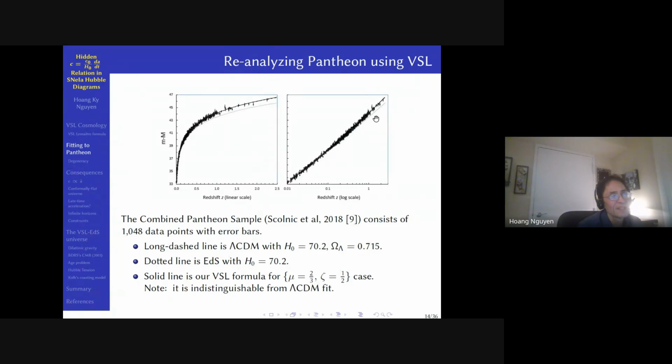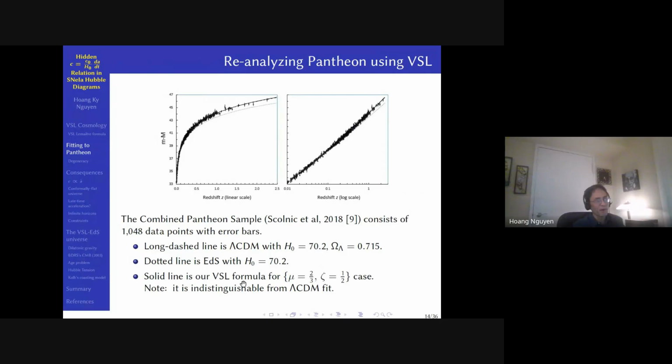The low line here. We know at high z the data doesn't fit anymore. It's some excess modulus right here. And the lambda CDM, we have H naught to be 70 and omega lambda to be about 70%. So it fits very well with the data. And that has been interpreted as the direct evidence for dark energy.